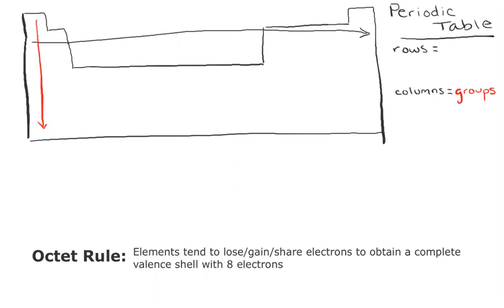So our columns are groups, and each column tells us how many valence electrons we have. A column over here has 1 valence electron, and a column over here has 8.